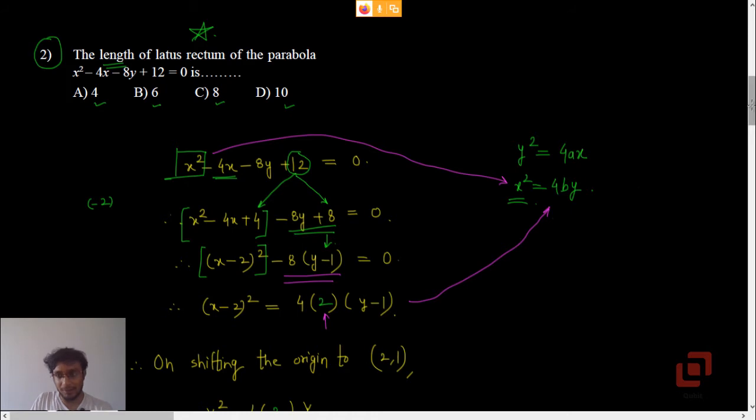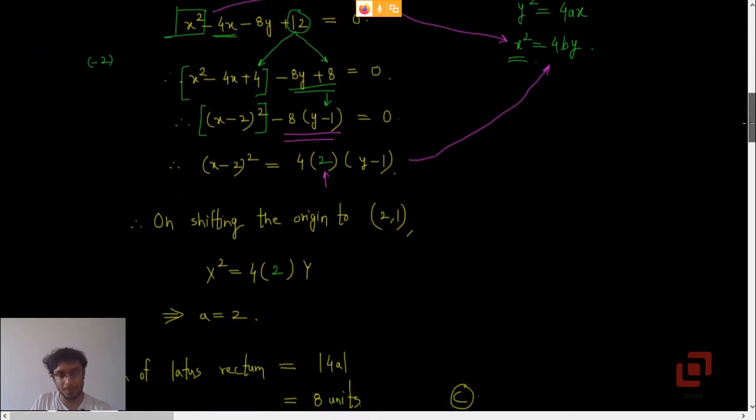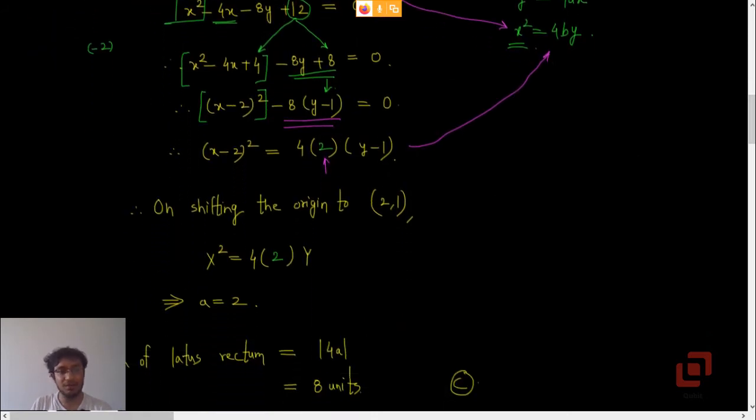That resemblance becomes clearer if you decide to shift the origin to the point 2, 1. If you use the transformation equations, then your equation will get transformed to x squared equal to 4ay or 4by. So in this case, a, or you may call it b, that doesn't matter, a will be equal to 2.